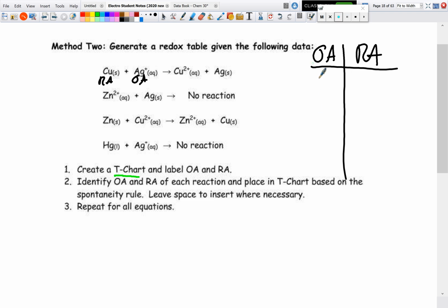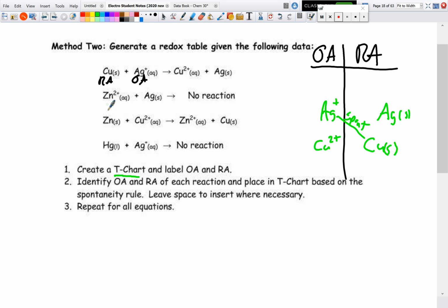So I'm not going to start right up at the top here because I will need to add things in later, but I know my silver solid is above my reducing agent because we have a spontaneous reaction. Now from here as well we can put in their counterparts, so silver solid, copper, and copper 2 plus.